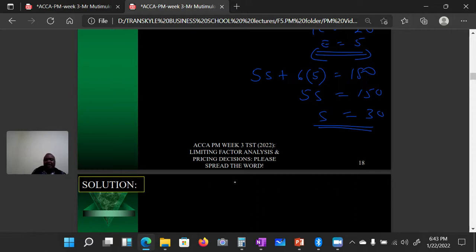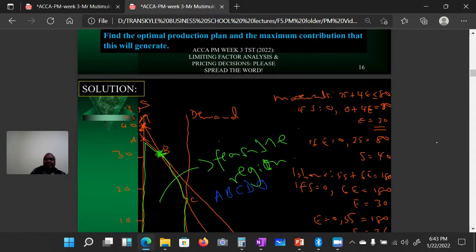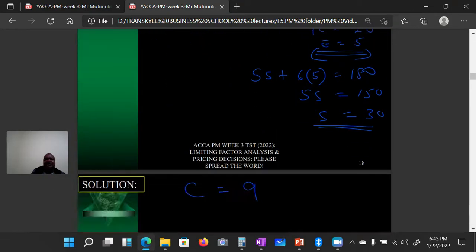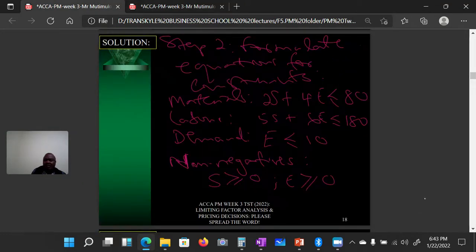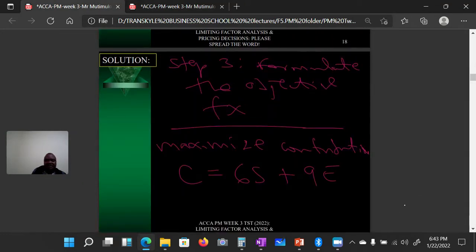Remember, you are guided by the objective function, and our objective function is C is equal to 6s plus 9e.